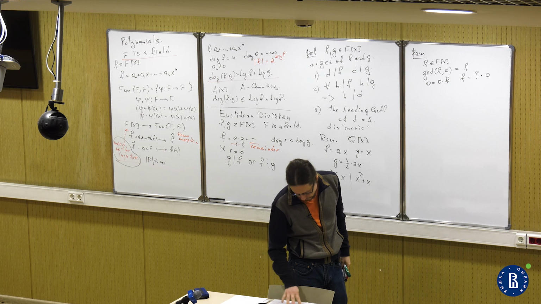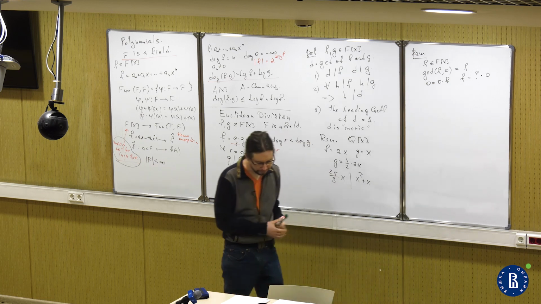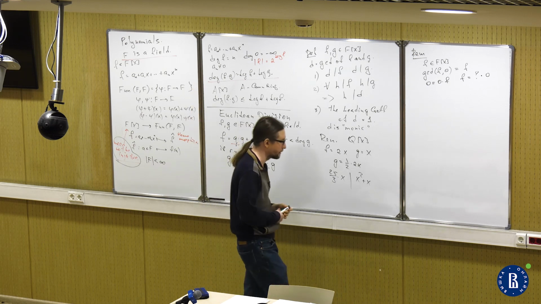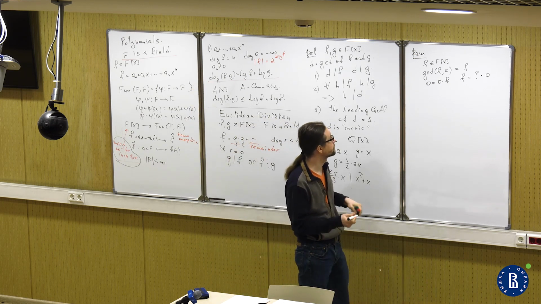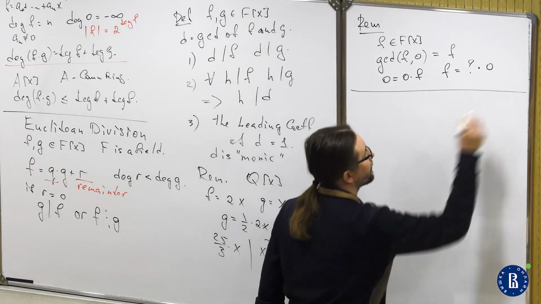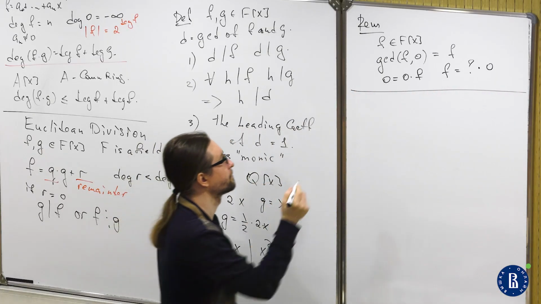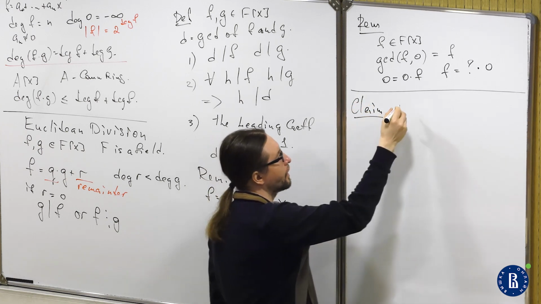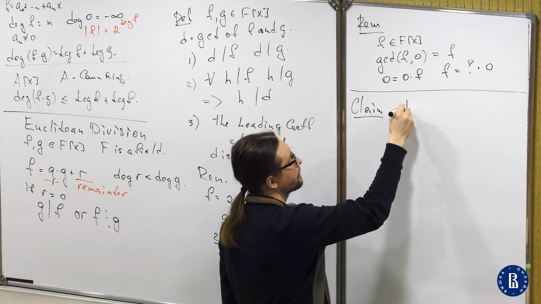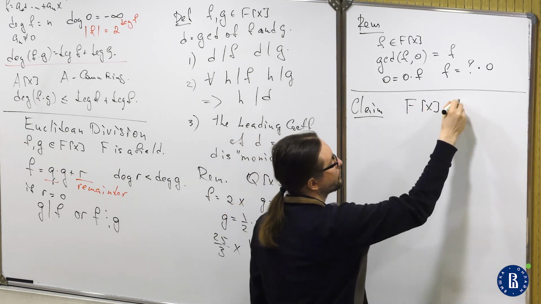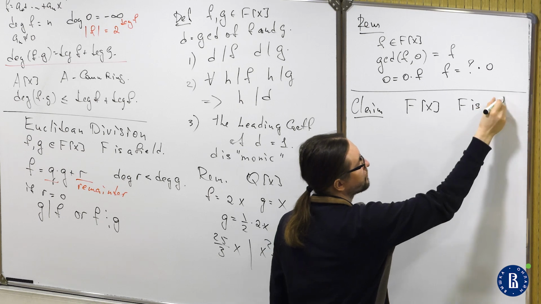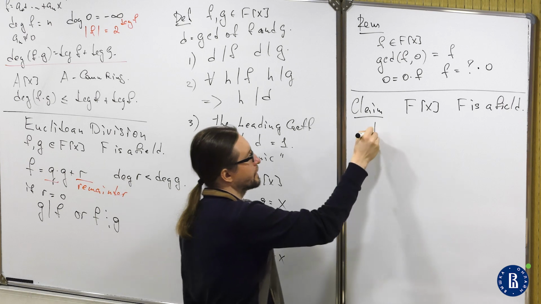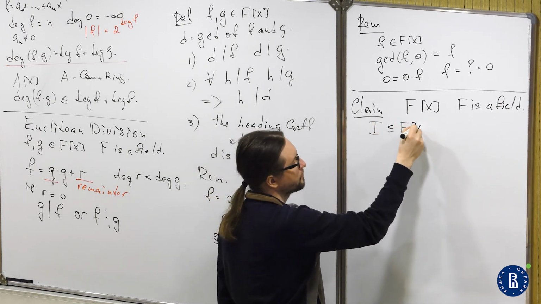Another remark. As usual, let's start the discussion of the ring of polynomials with a description of the ideals of this ring. And then we will use this description further. The claim: suppose we have a polynomial ring with coefficients in a field, and suppose I is an ideal.